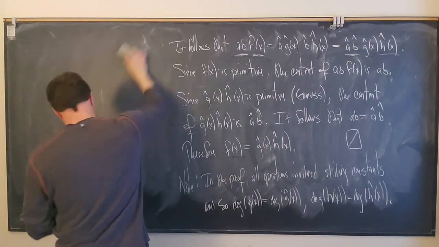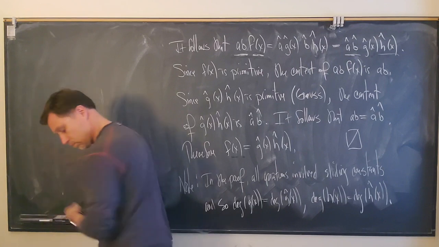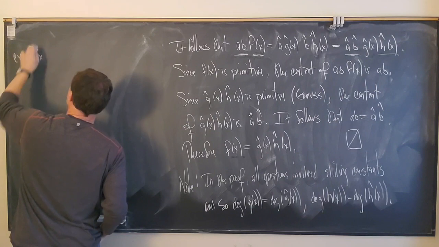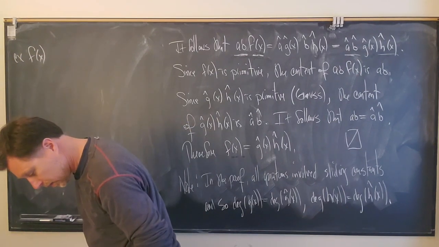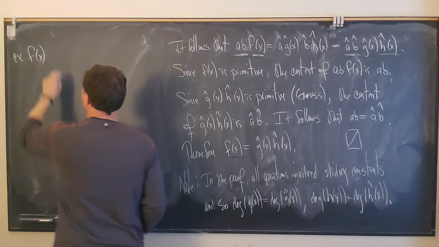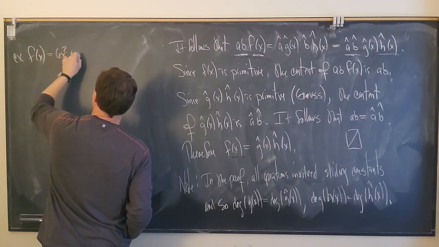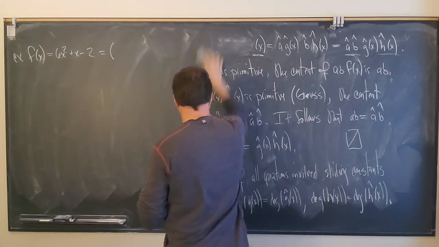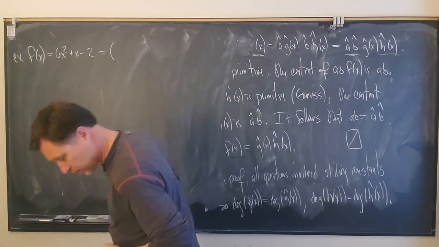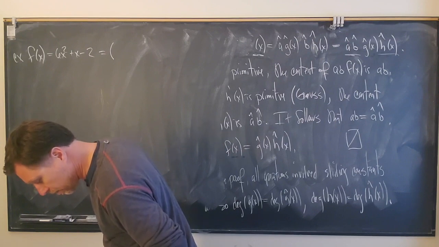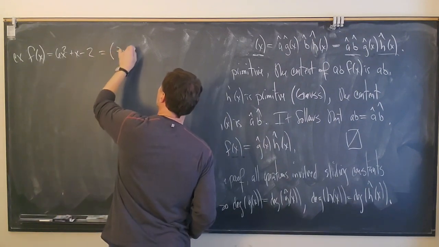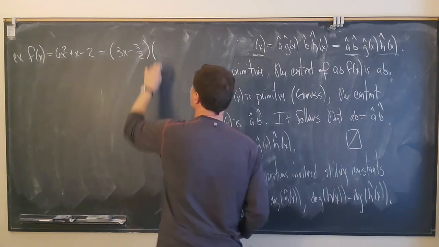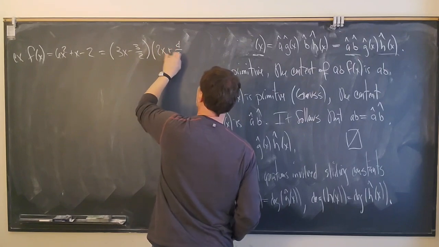And let's just finish off with an example. So here's my example. Let's look at f of x, that's going to be 6x squared plus x minus 2. And let's just say I was messing around here and I realized I was able to factor it over Q. So the factorization is going to be 3x minus 3 halves times 2x plus 4/3.